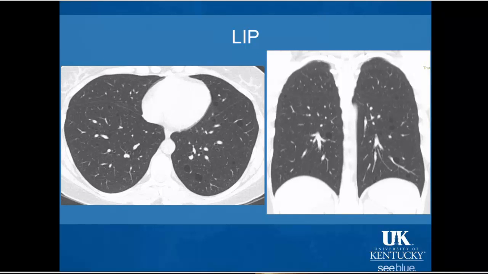Here's again a very mild case of a cystic lung disease. Discrete small little cysts that individually look very similar to cases of LAM, but on the coronal, I think you can agree that there is a slight lower lung predominance here as opposed to a more diffuse distribution of these cysts, suggesting that this is more likely LIP than LAM.